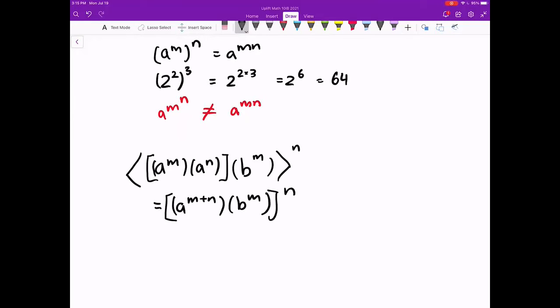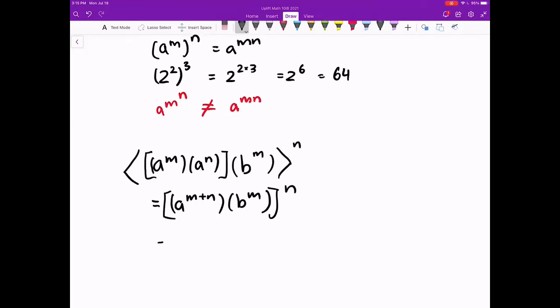But what we can do is that we can use the distributive rule to get the outside power n to the inside. So what we do is that we can have a to the power of m plus n in brackets, and then to the power of n. And then multiply by b to the power of m times n.